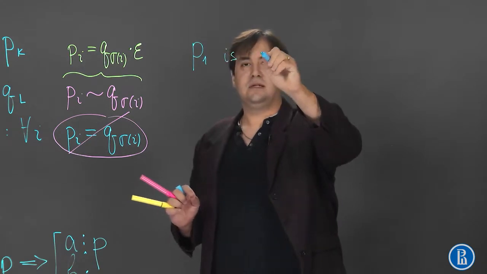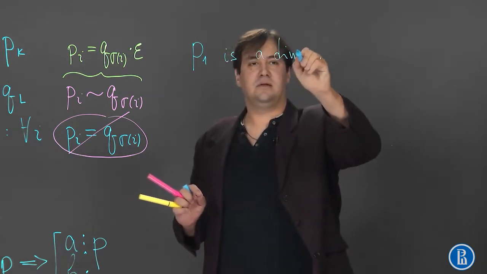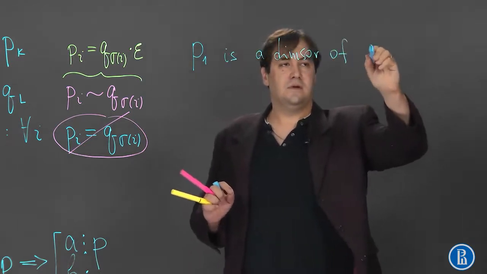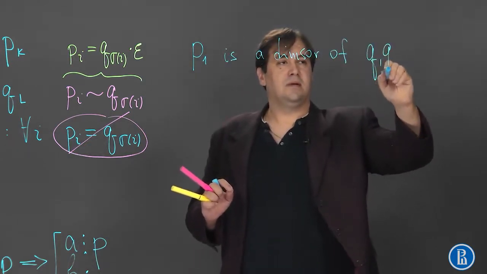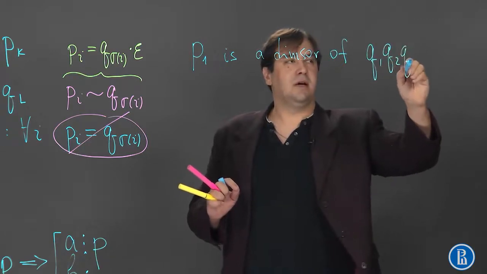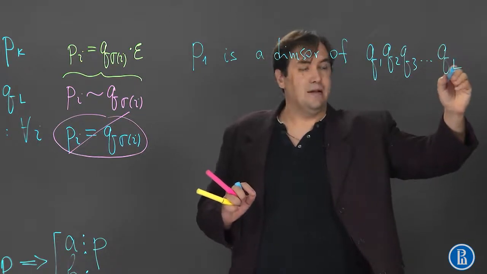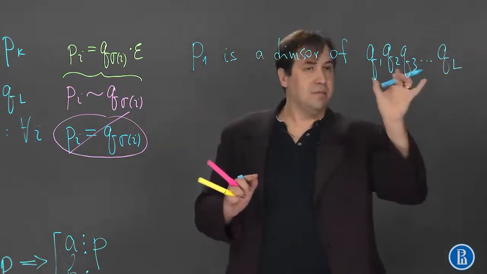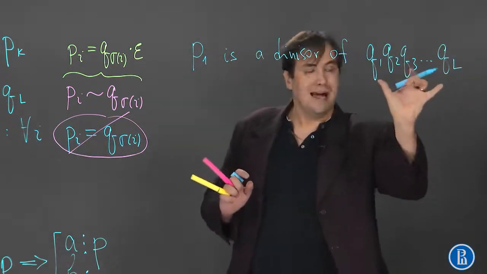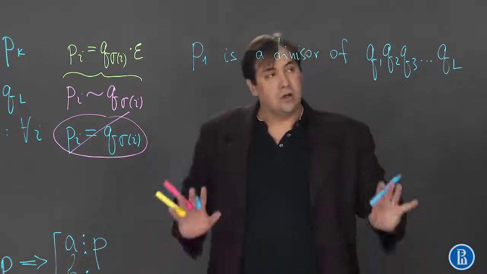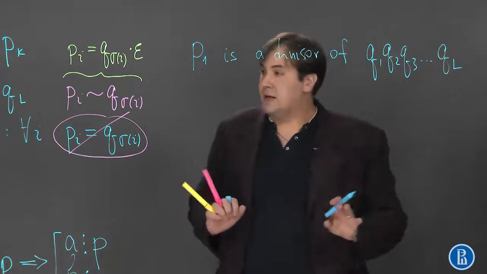P1 is a divisor of Q1 multiplied by Q2 multiplied by Q3 and so on multiplied by QL. I will still denote the number of primes in the second decomposition by L because I still, for now, do not know whether it is equal to K or not.